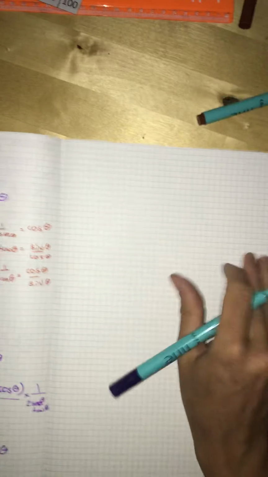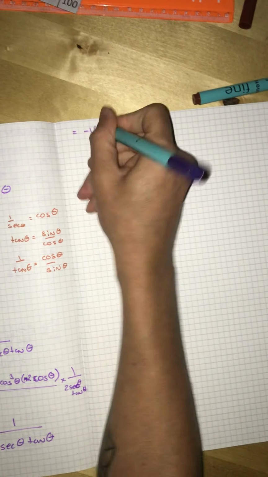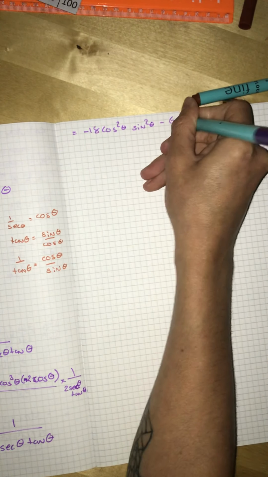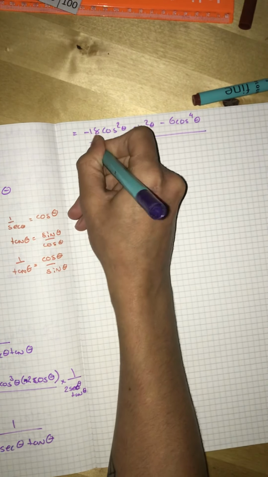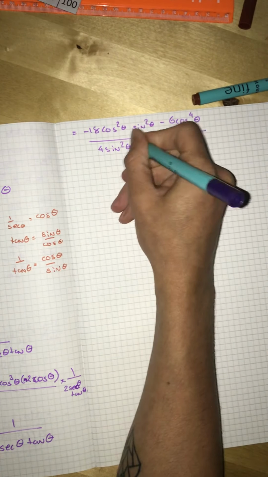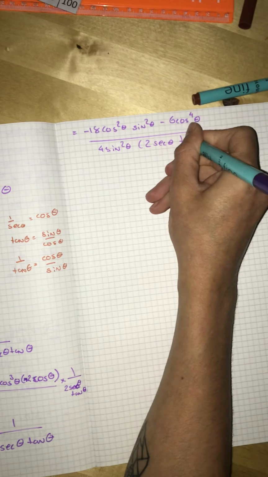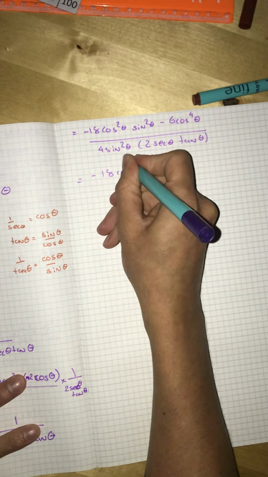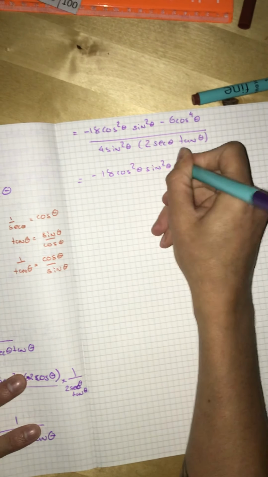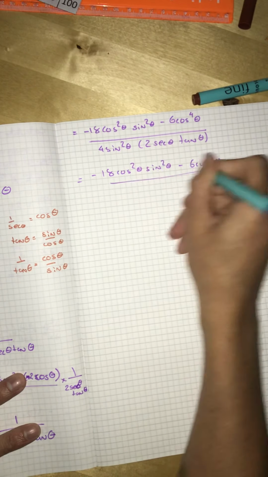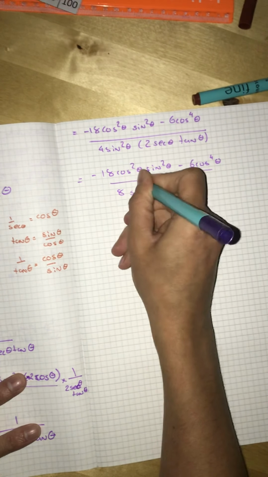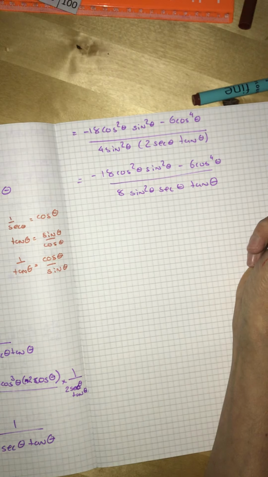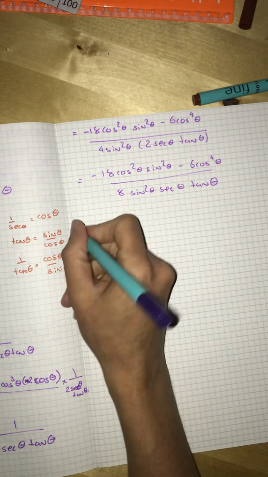I'll rewrite it on the top of the other page. So 4 times the 2. And then we can see if we can simplify any further.